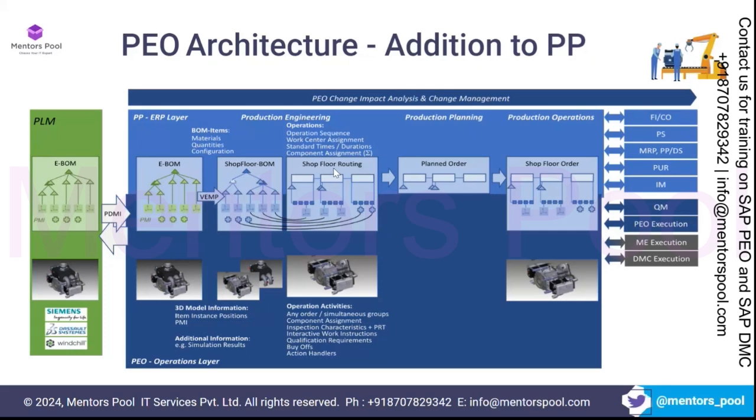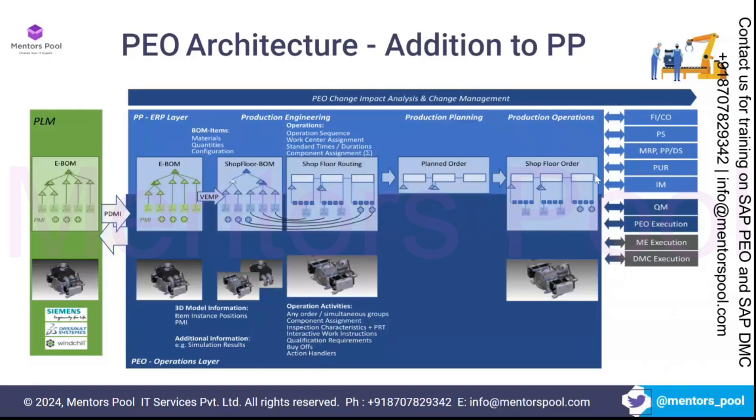Shop floor routing means it is a PO routing, and you can have all the operations and related attributes created here. Like I told you, there is a sub-level called operation activity under each operation, which also has different attributes, like what you see here, which can be added and used.